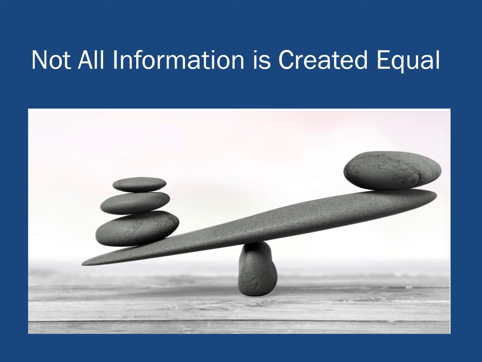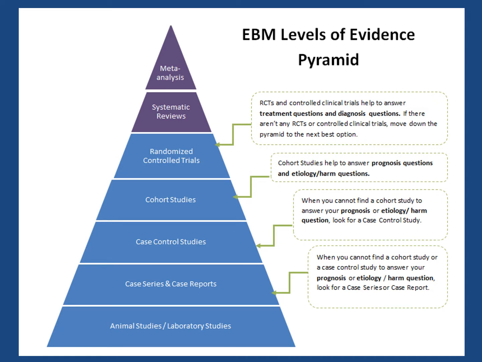Just remember that not all information is created equal. So not every article is going to have a study design that will result in the strongest, most valid results. Evidence exists in hierarchies based upon the strength of the study design and the type of question being asked.